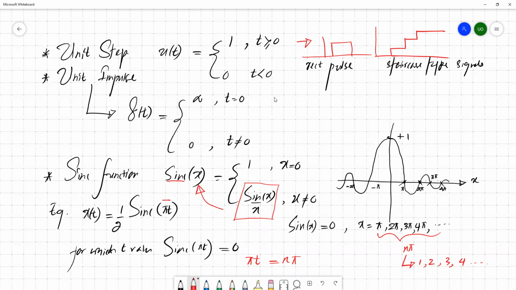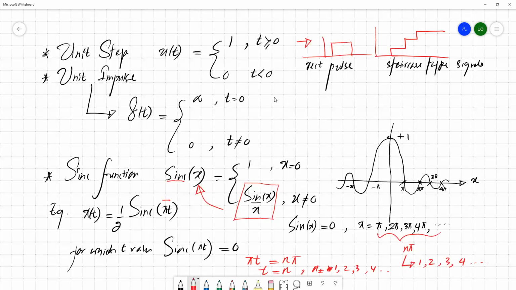The argument should be a multiple of π. From this we can simply say that t should be equal to n, where n is 1, 2, 3, 4 and so on. So sinc(πt) is 0 at n equals 1, 2, 3 and so on.